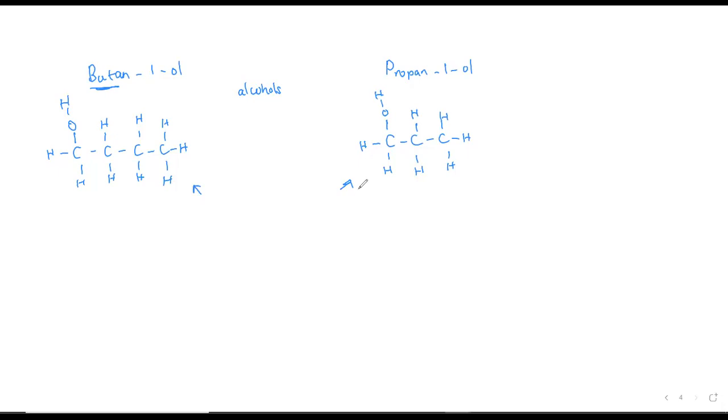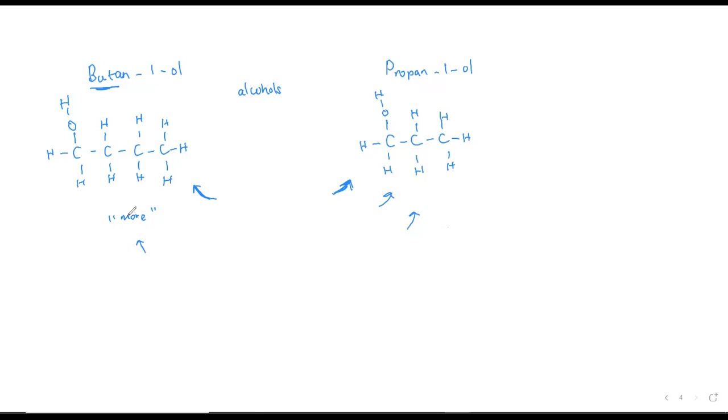So if a molecule has a longer carbon chain than this one, what this means is that it has more intermolecular forces compared to this one. Since there are more intermolecular forces, there are stronger intermolecular forces because the chain is longer compared to that of propan-1-ol.